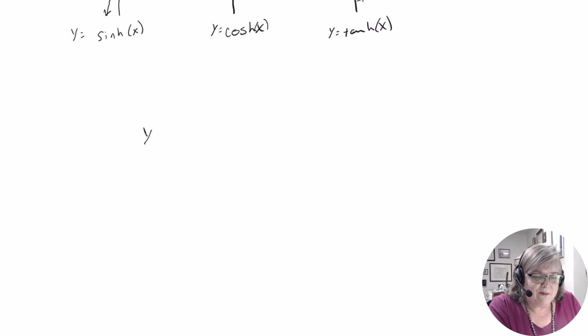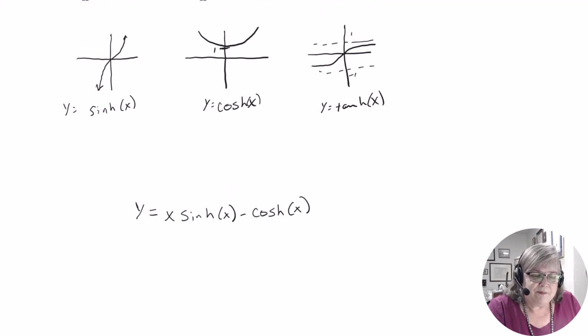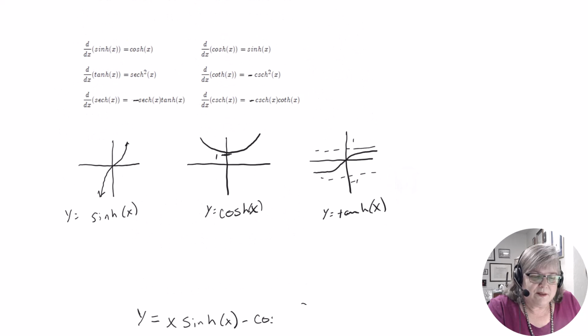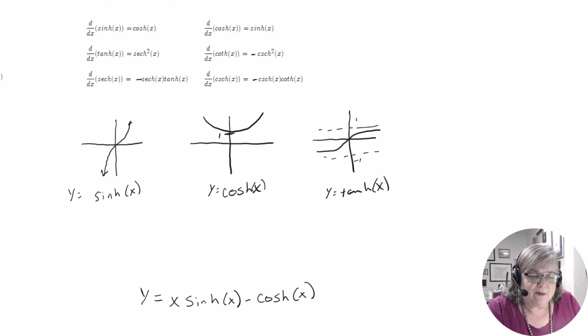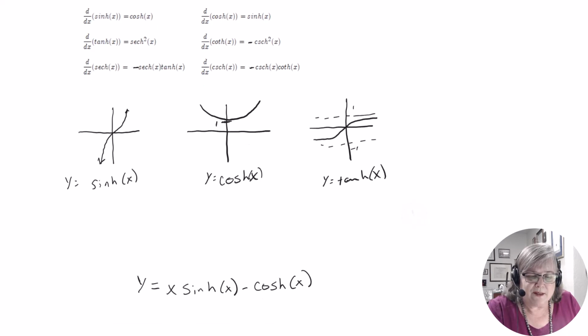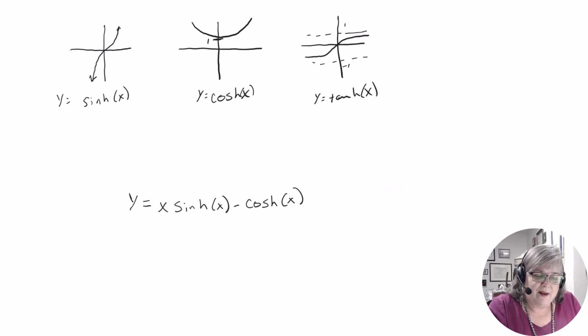So what if we have y is equal to x times the hyperbolic sine of x minus the hyperbolic cosine of x? All right. Now, if you look up here, the derivative of the hyperbolic sine is hyperbolic cosine, and the derivative of the hyperbolic cosine is hyperbolic sine. And this first term is a product.